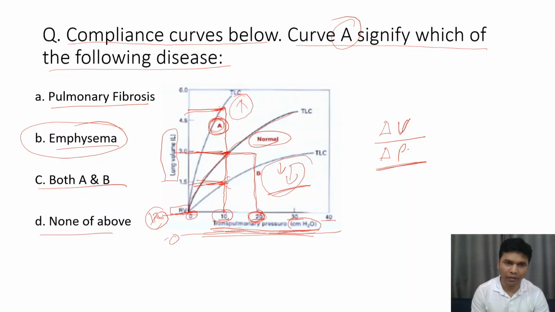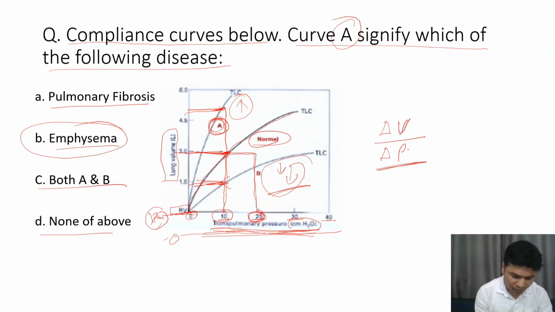That is the case in pulmonary fibrosis or any other restrictive type of lung disease, or any disease where the compliance is decreased. And when compliance is increased, the lung is easily inflatable, and a slight change in pressure will increase the volume so much, and that is also not a good condition. Both conditions are not good.